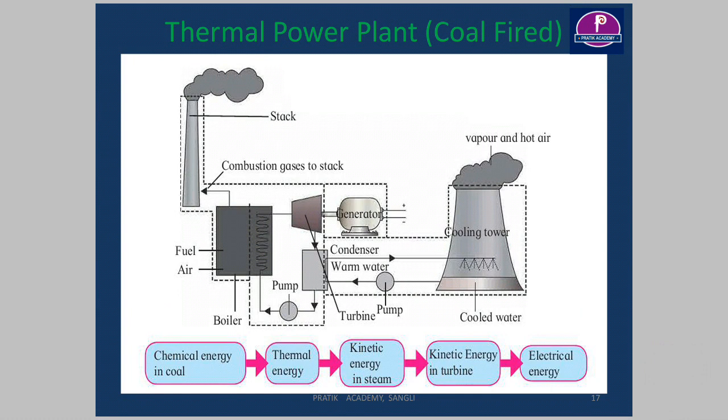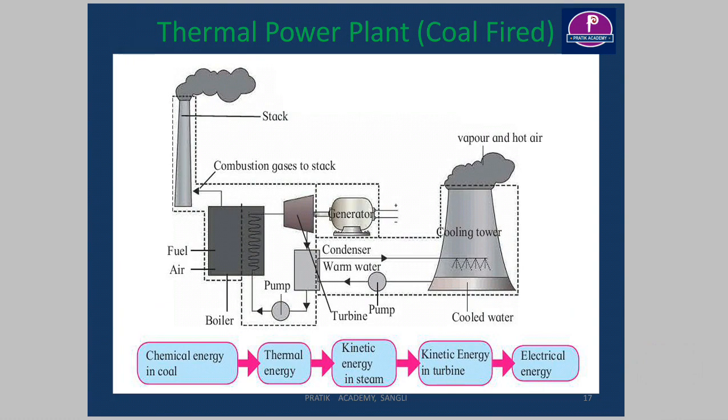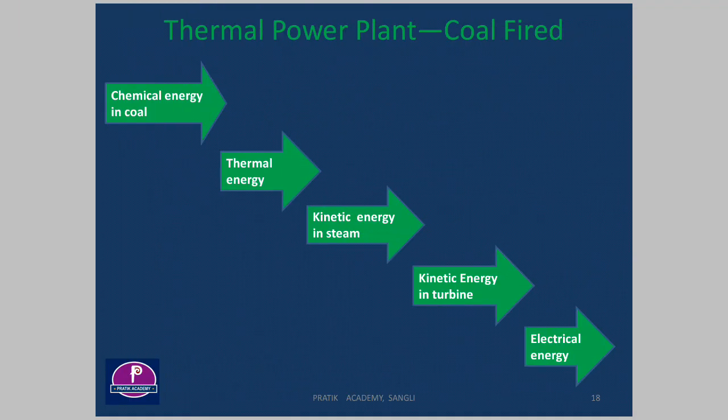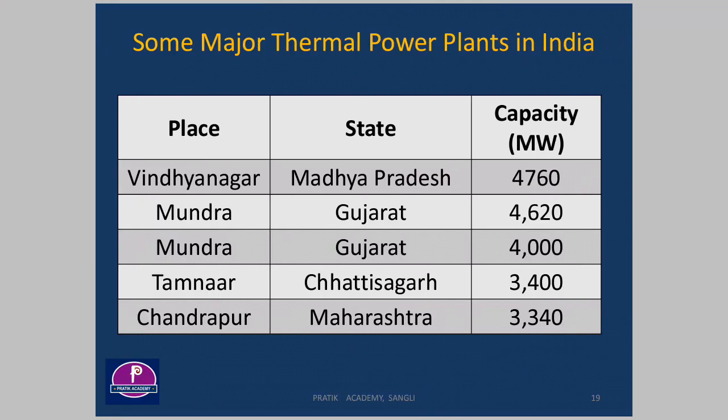This is the energy flow: chemical energy in coal is converted to thermal energy, kinetic energy in steam, then kinetic energy in the turbine, and finally we get electric energy. This part we have discussed earlier. This table gives an idea of some major thermal power plants in India. The highest capacity plant is Vidyanagar, Madhya Pradesh, having a capacity of 4760 megawatt.